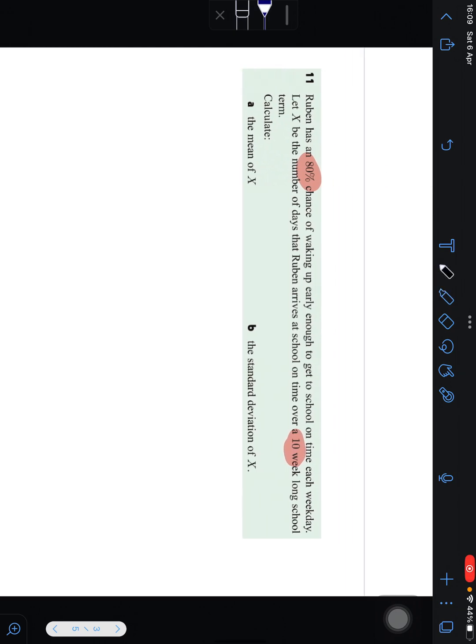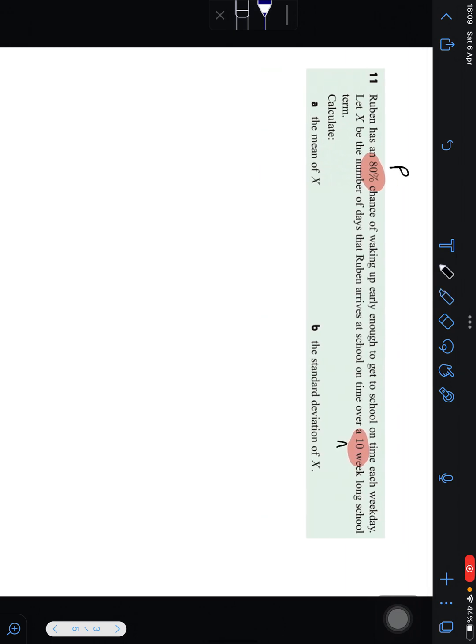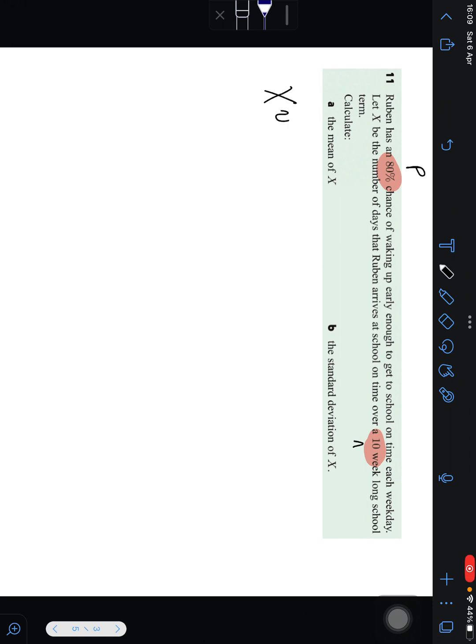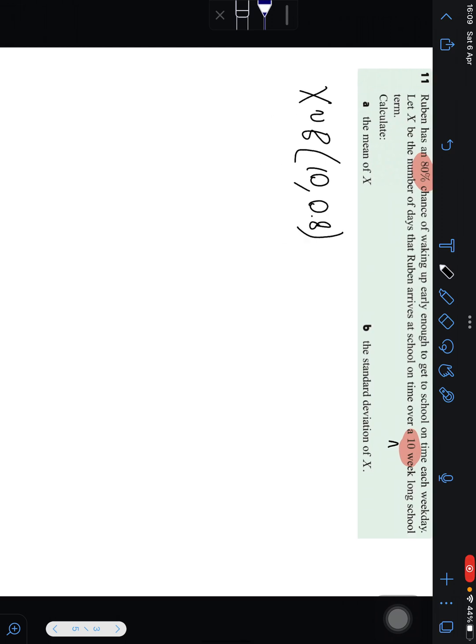That's my fixed number of chance. And so there's really my p, and that's my n. So what are we working with? Binomial distribution with n equals 10, and our probability is 0.8. So that means X is binomially distributed with 10 trials and 0.8 probability.